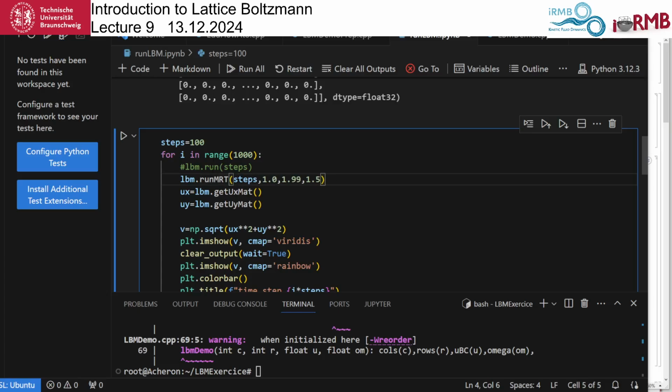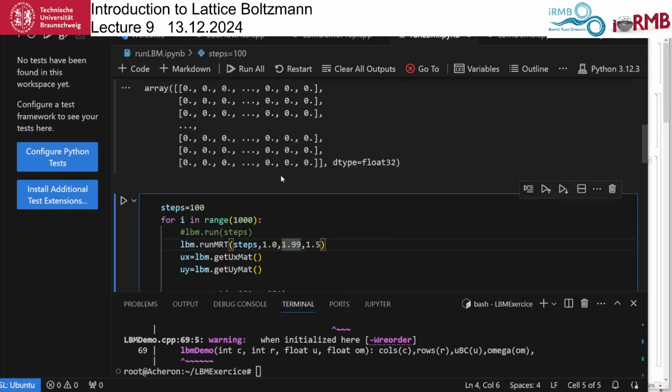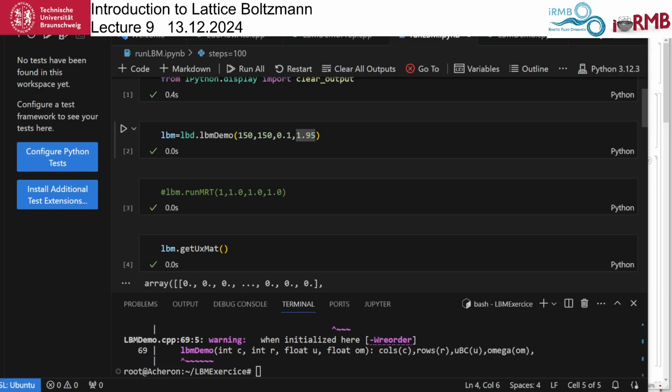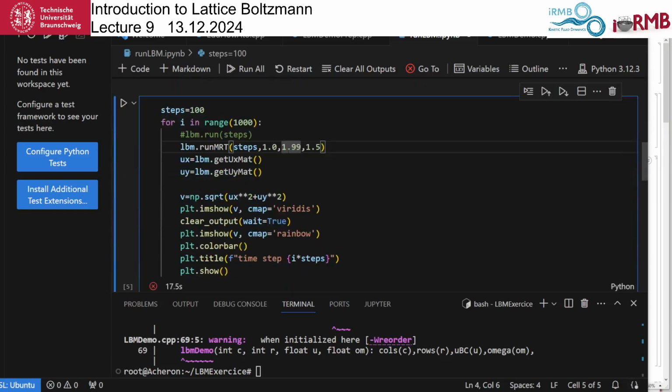So we write MRT. Here we get in addition the other relaxation rates, for which we now use the same relaxation rate, then it should do the same thing as BGK. This is a test that we should do. It was 9.5, and 9.5. Let's run everything again.